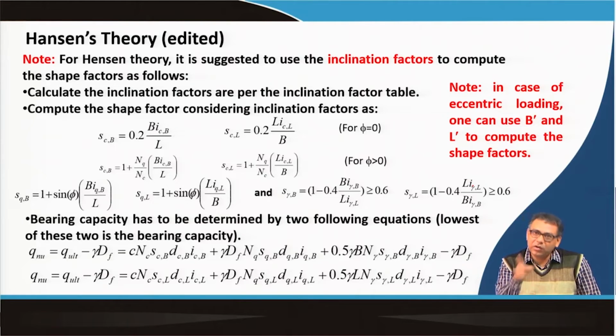We have to go for only one set, that is SCB, but this modification is a must. If the loading is inclined, or the horizontal load is parallel to L or B, you have to do this modification to calculate the shape factor. If HL is not equal to 0, then we go for 2 sets, and if HL is equal to 0, then you go for one set.